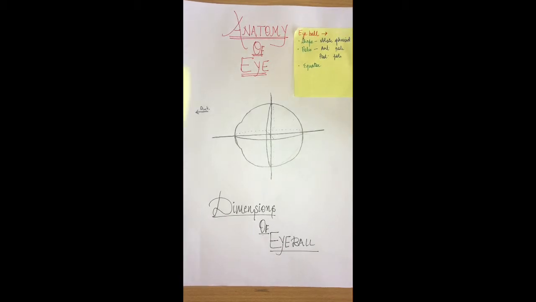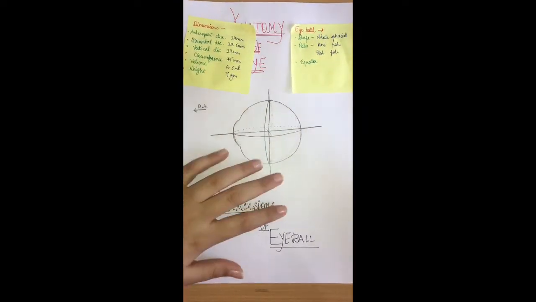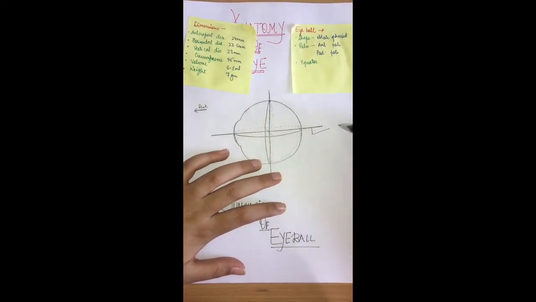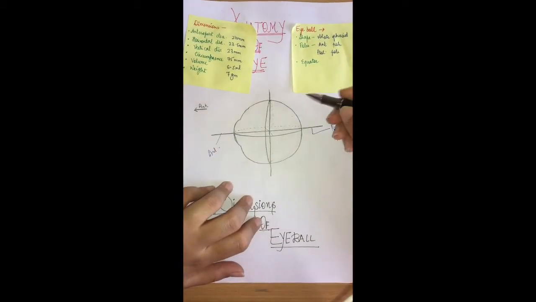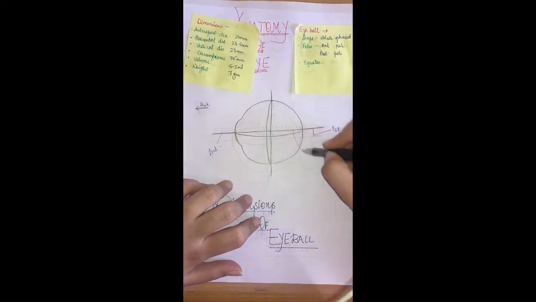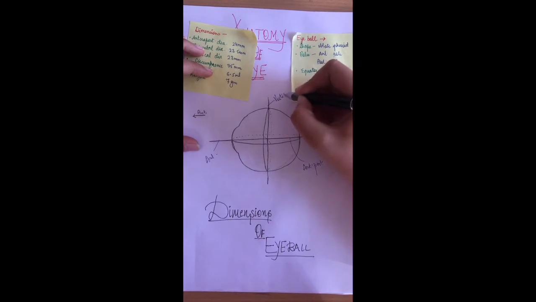Now, the dimensions of the eyeball. This is the posterior pole. This is the anterior pole. This is the antero-posterior diameter. This is the vertical diameter.